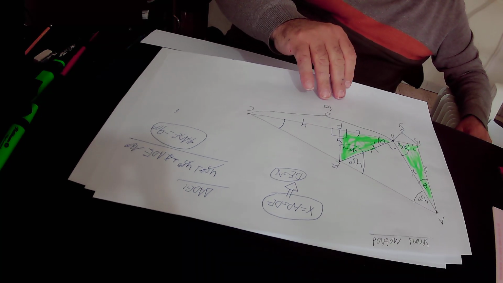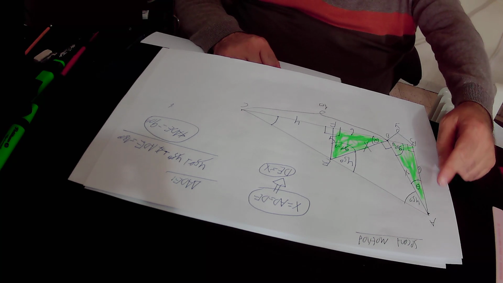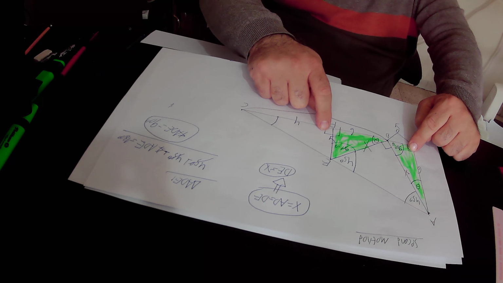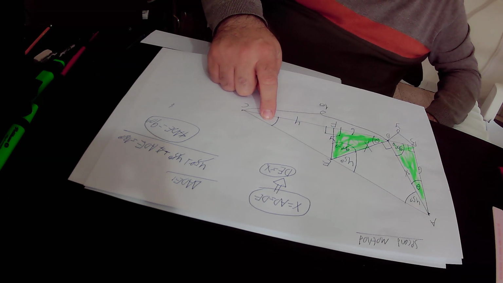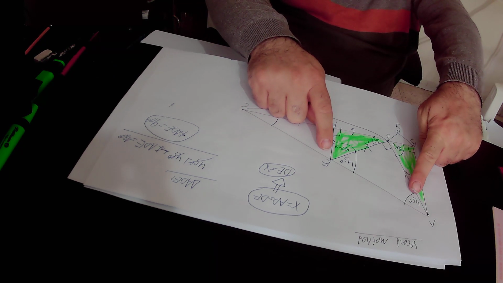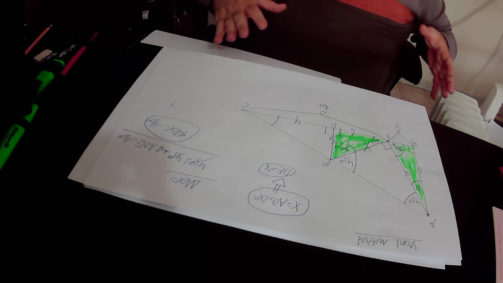Why are those two right triangles similar to each other? First of all, those two angles are equal to each other, they are both equal to 90 degrees. This angle is a common angle, it belongs to both triangles. And those two angles must also be equal according to the third angle theorem. What is the third angle theorem?